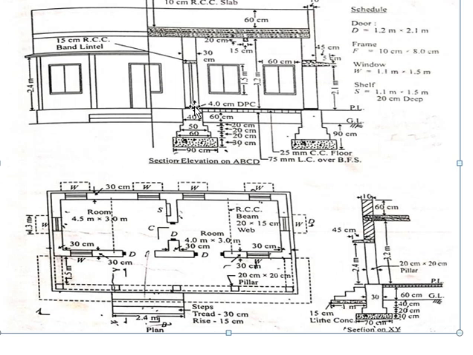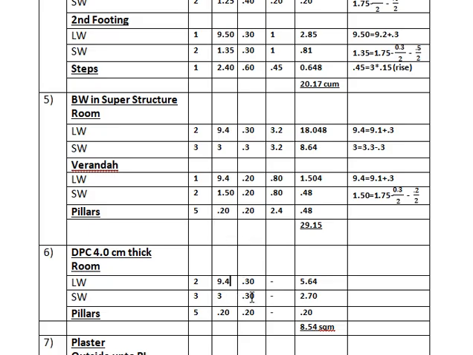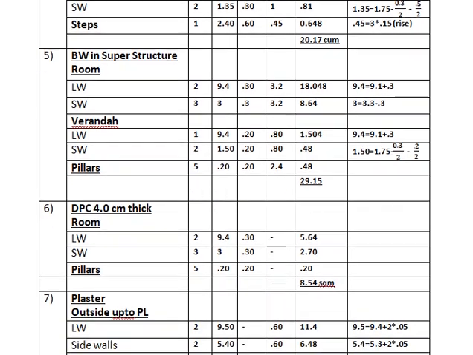Practically, if you see in the field, the DPC will be provided for this entire portion, that is 0.40. But from this diagram, as you can see, the DPC is provided only to the width of 0.3 meters. That is why we are taking the width of the DPC as 0.3. And for short wall you have to follow the same procedure, and for pillars again the same thing, and we'll get the total quantity of DPC in square meters.